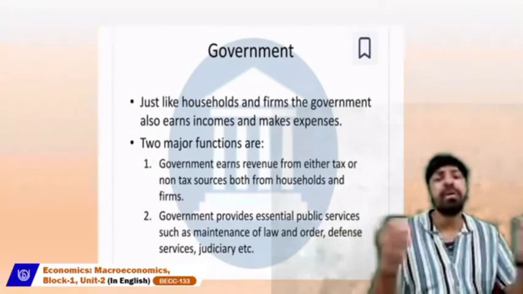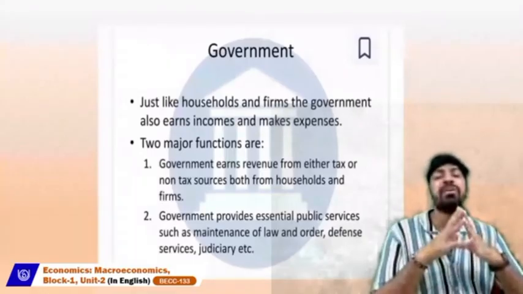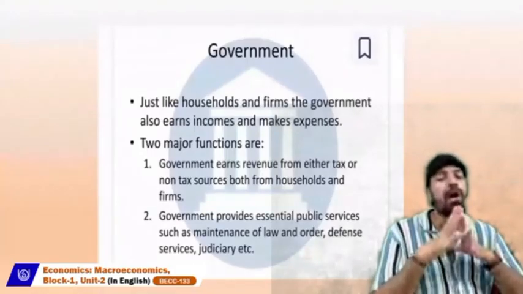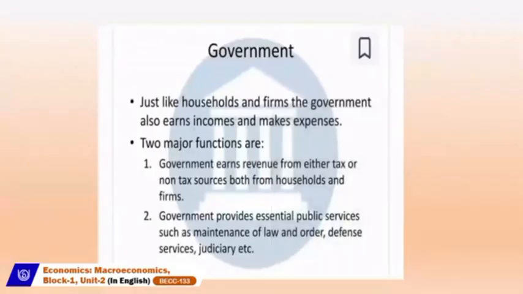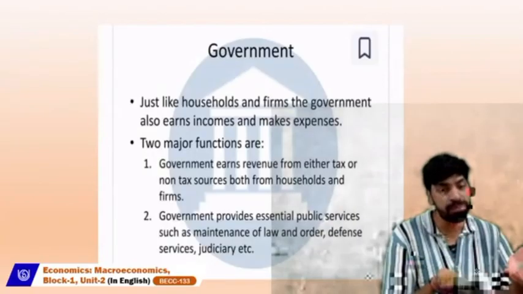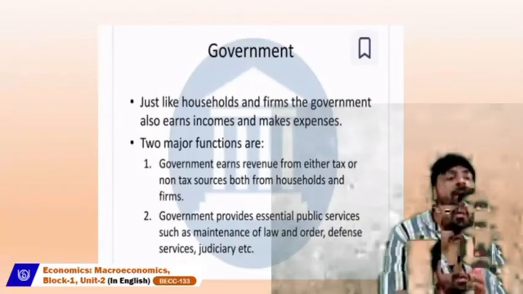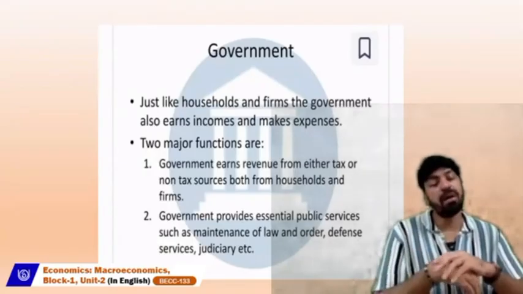If they earn income from the households and firms, then ultimately the government can make more and more expenses. So the two major functions of the government are: it earns revenue from either tax or non-tax sources, like TDS, property tax, sale of property, all that.